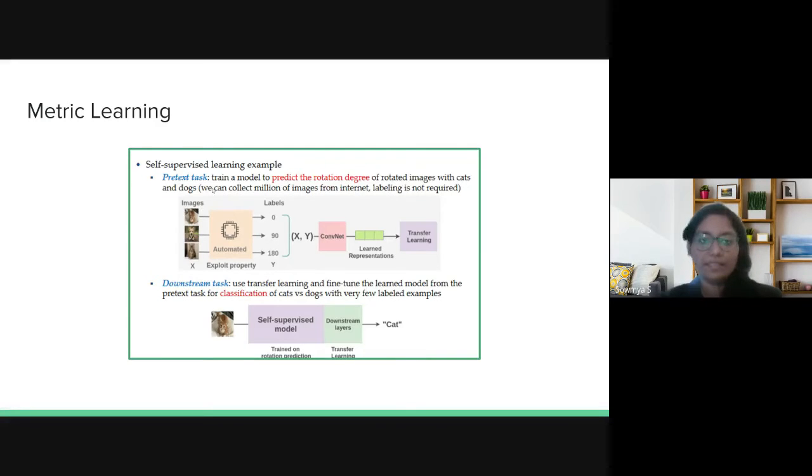I have a pretext task where I sort of inculcate this notion of similarity and dissimilarity. In a sense, I know down the line it's going to be used for classification, and I want to say that some images are similar and some images are dissimilar.